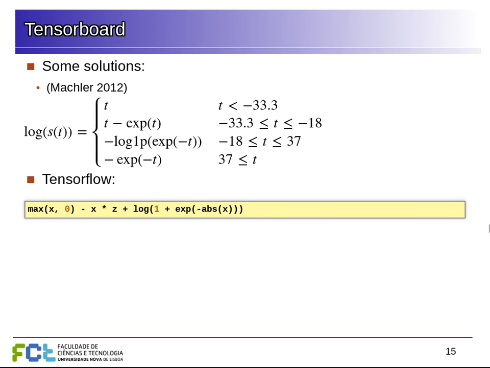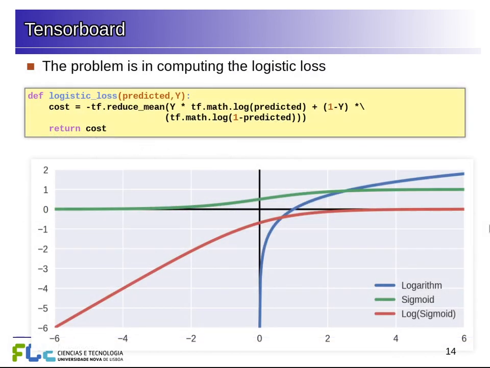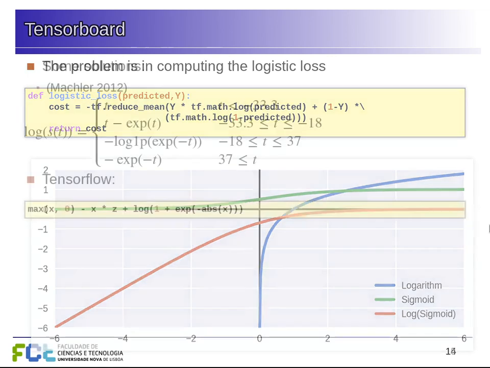TensorFlow uses this expression here, but basically what we need to do is not to step first into the sigmoid and then the logarithm, because that combination is potentially explosive. What we need to do is to short circuit everything and compute this function here, the red one, which is the logarithm of the sigmoid, in one go without having that danger.